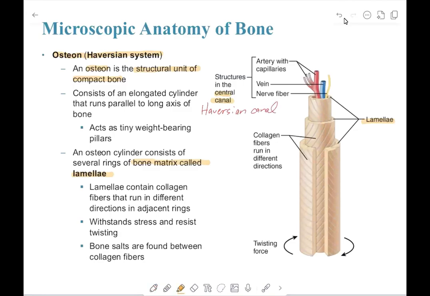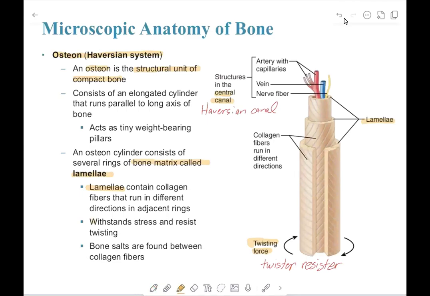And the lamellae contain these collagen fibers that run in different directions. And what this does is it creates the ability to withstand twisting forces. So it's oftentimes considered a twister resistor, which explains how bone, especially compact bone, can be so incredibly strong.